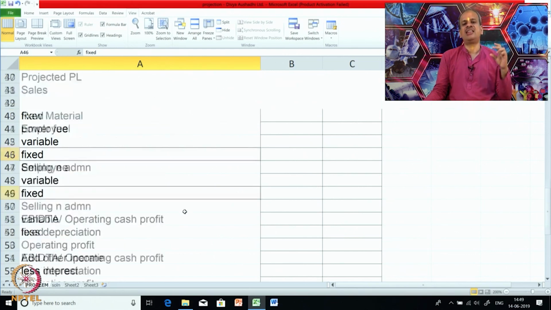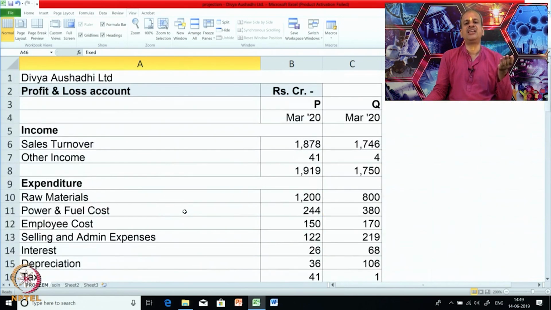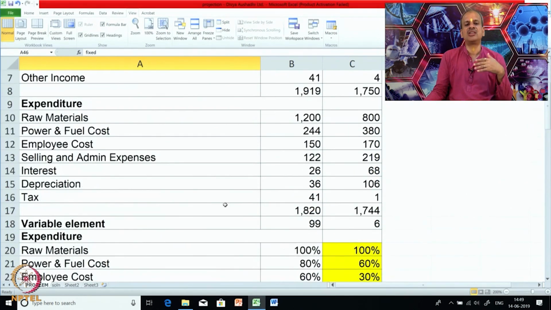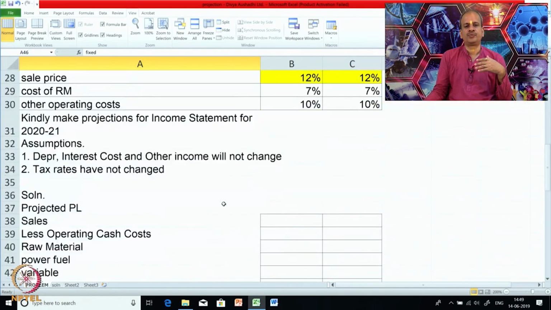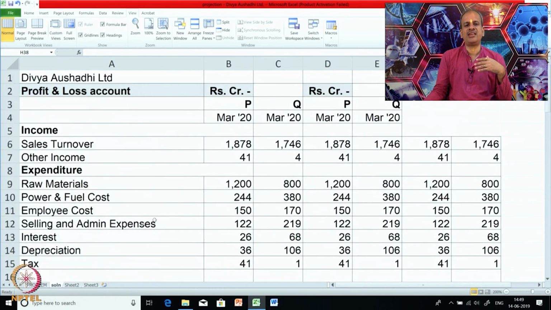Now we will require this breakup for the current year, because accordingly we will be able to make projections for the next year. Okay. So let us start, please try to solve it along with me.